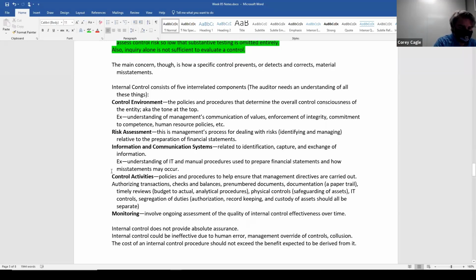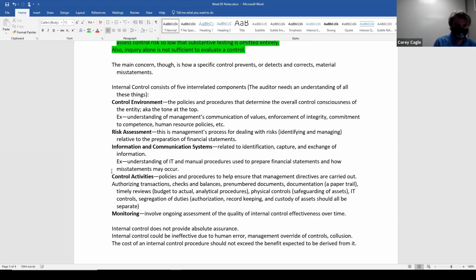Control activities. We know what control activities are. These are the actual policies and procedures that are in place, such as authorizing, checks and balances, pre-numbering of documents, like your checkbook. It's a good control.